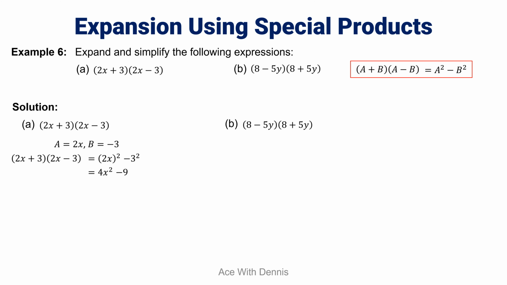For b, 8 minus 5y times 8 plus 5y. So we identify a as 8 and b as 5y. Hence, 8 minus 5y times 8 plus 5y equals 8 squared minus 5y squared, which is 64 minus 25y squared.